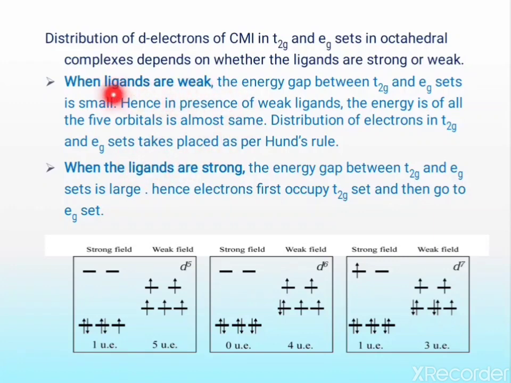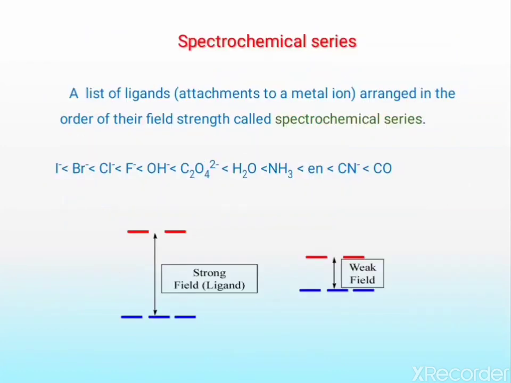If the complex contains a weak field ligand, or if the complex contains a strong field ligand. In the presence of a weak field ligand, the energy gap between T2g and Eg is very small. Hence, the distribution of electrons takes place according to Hund's rule.